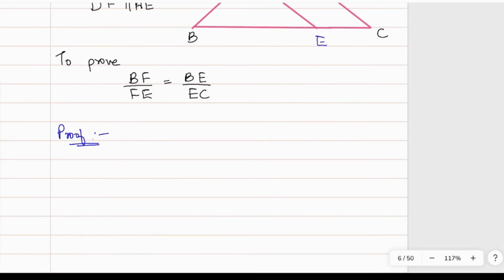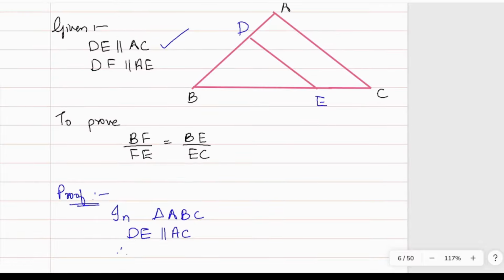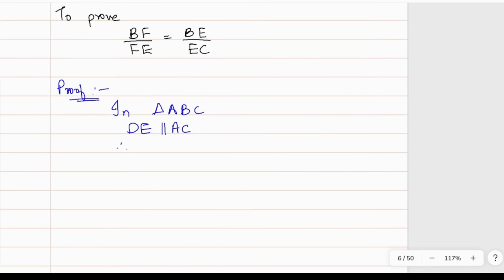From that part, that is first in triangle ABC, DE is parallel to AC. Therefore, what I can write here? If DE is parallel to AC, means BE by EC is equal to BD by DA, right? And I will give that as equation number 1.